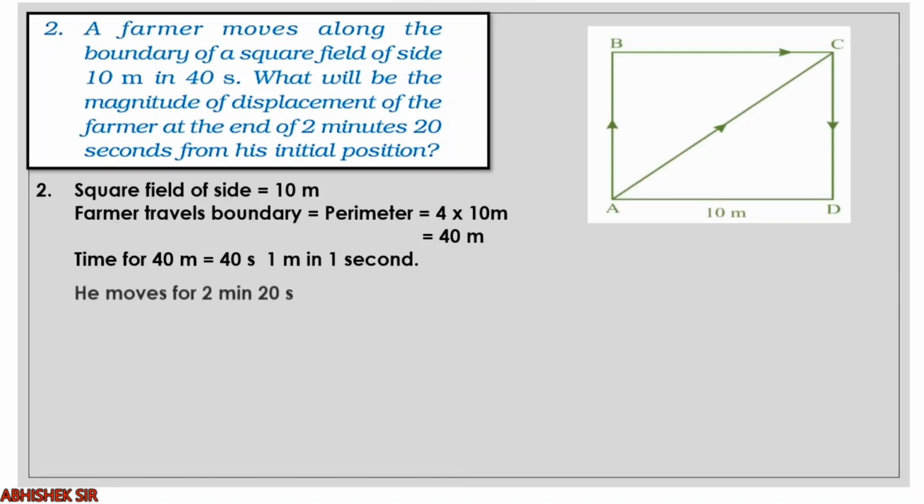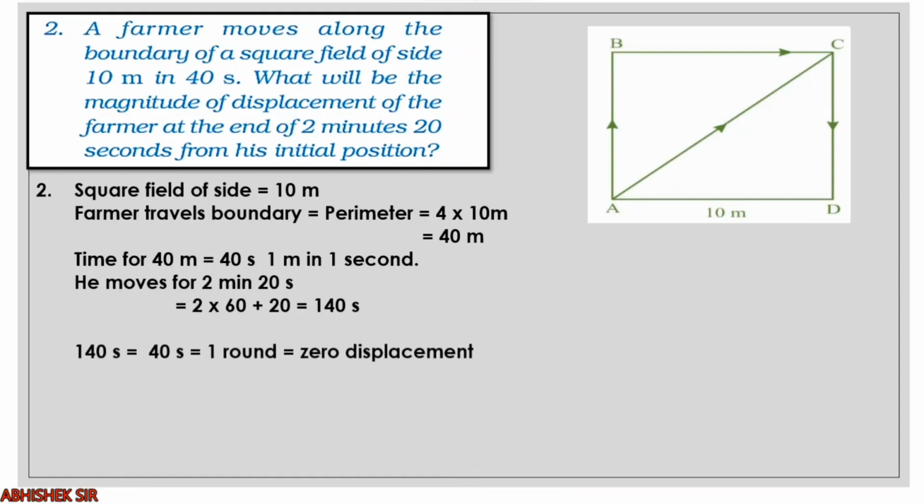Okay. Now he moves for 2 minute 20 seconds in total. That means 2 into 60, 120 plus 20, 140 seconds he moves. But he moves, that means he completes the round. And don't forget that if he is completing one round, the total displacement will ultimately be 0. So what we will do, this 140 seconds, we will be dividing by 40 so that after each round his displacement becomes 0.